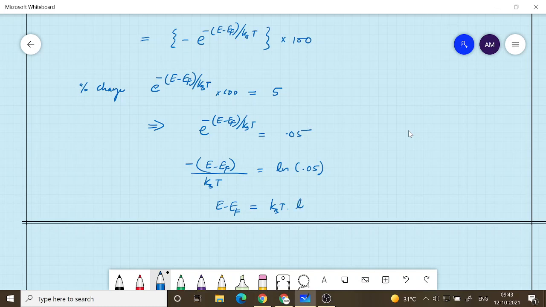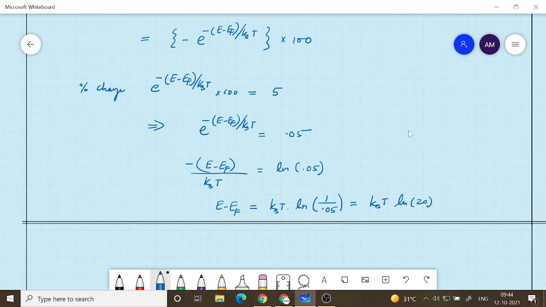So this minus sign I can now absorb inside the logarithm as 1 by 0.05. Now 1 by 0.05 is how much? It is around 20. Right? So this is equal to KBT into ln 20.